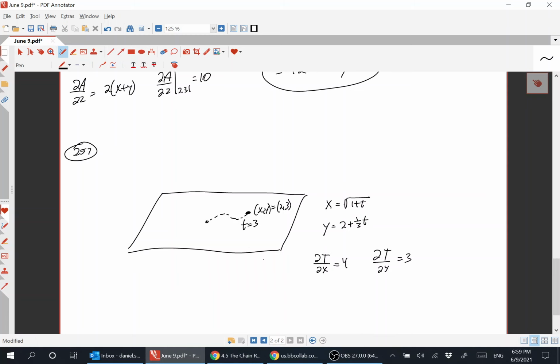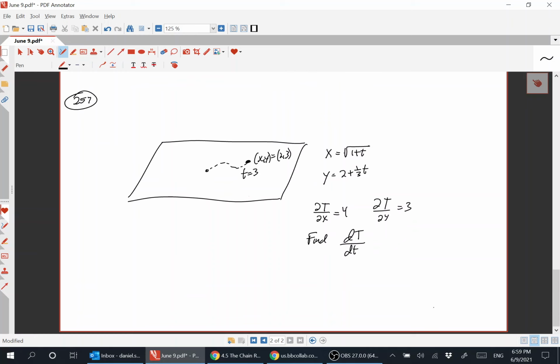Find dT/dt, or d capital T, d lowercase t. So again, little t is time, and this is temperature. That's unfortunate. They use t both times. So find d capital T over d little t, the rate of change of temperature with respect to time.